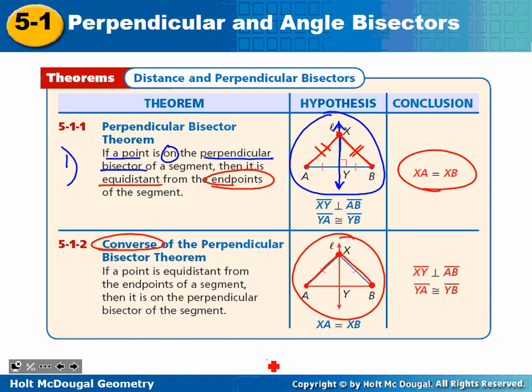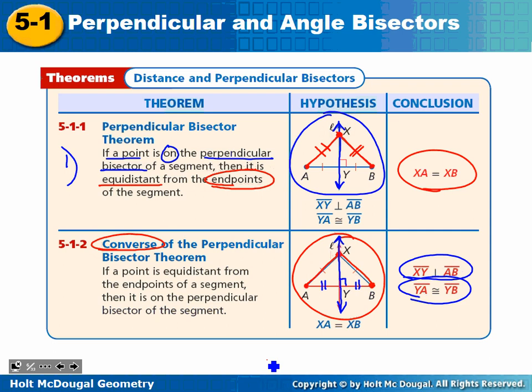I don't know that this is a perpendicular bisector, but now that these are equidistant, I can say that XY must be a perpendicular bisector, which means I can say that this must be a right angle. So XY must be perpendicular to AB. And I can say that it's a bisector, which means YA and YB must be the same length. Are you guys with me on just going backwards?